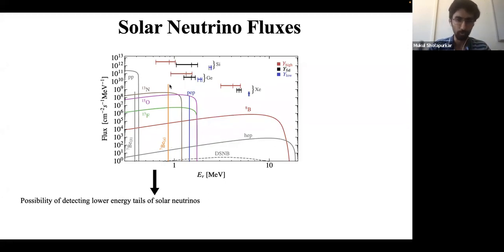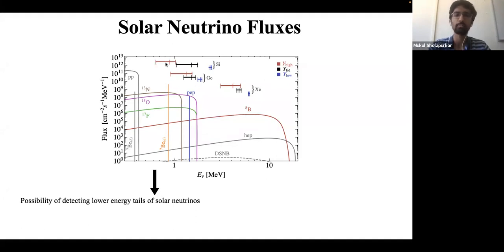And what one can do from this is, this plot actually shows the different solar neutrino fluxes for a particular model. These bands on top show what neutrino energy range you can probe. This is basically the threshold above which you can probe using single, double, and triple electron events, for these three ionization schemes.